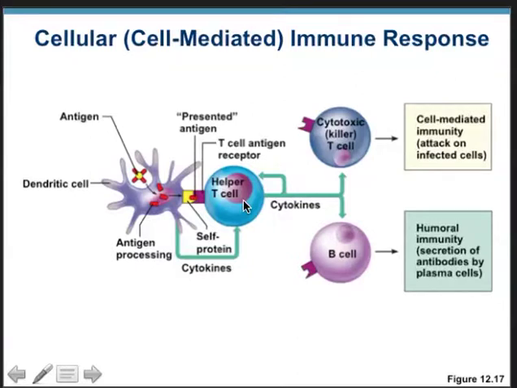So what happens here when we recognize these antigens is that we recognize not only the presented antigen, but we also recognize the self proteins at the same time. This results in the stimulation of the helper T cell. It will release cytokines, which are soluble components that will stimulate not only the division of the helper T cell, but also the proliferation of the appropriate cytotoxic T and B cells that have the same ability to recognize the same antigen.